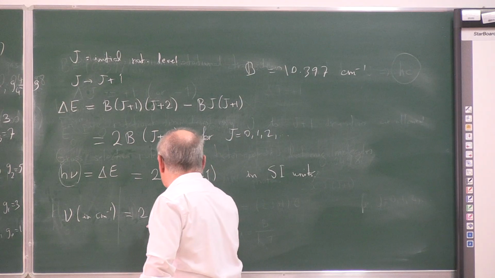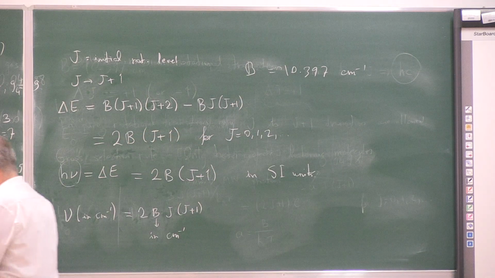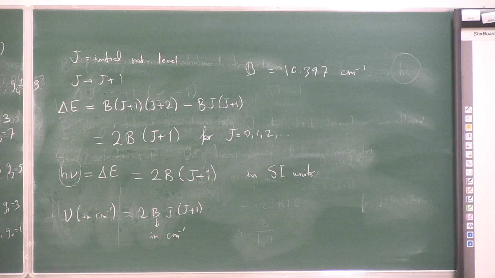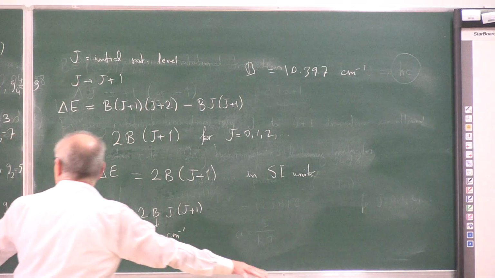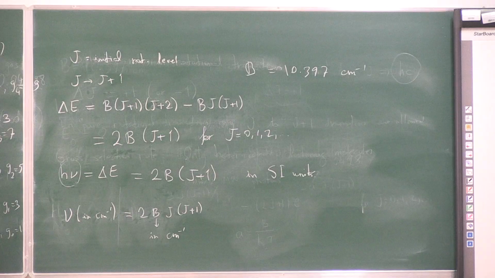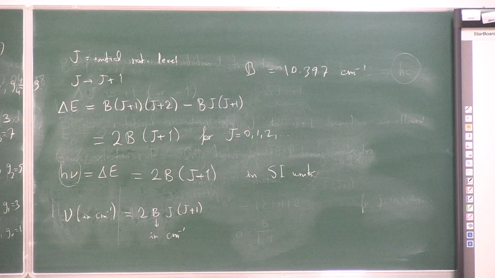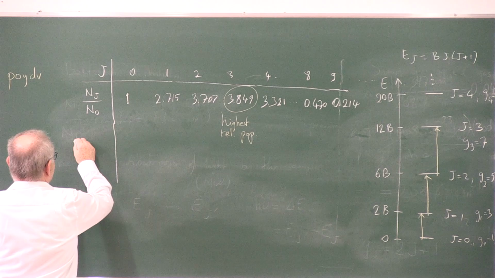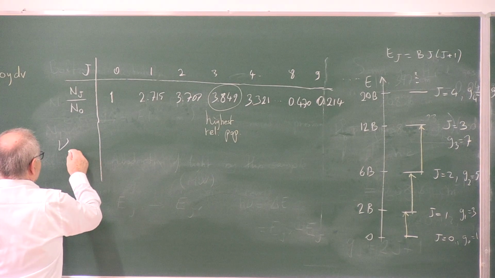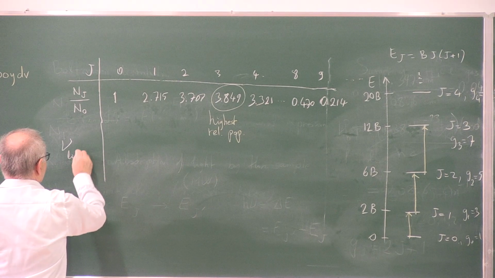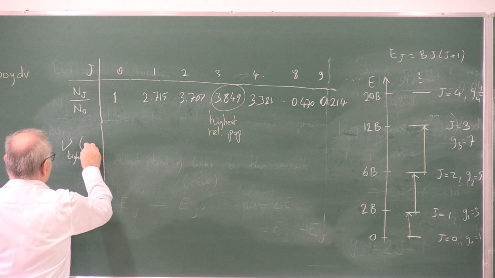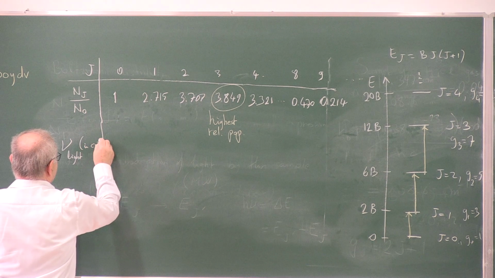Either way, you may interpret. Okay. Now we may fill our table. This is frequency of absorbed light in wave number unit.